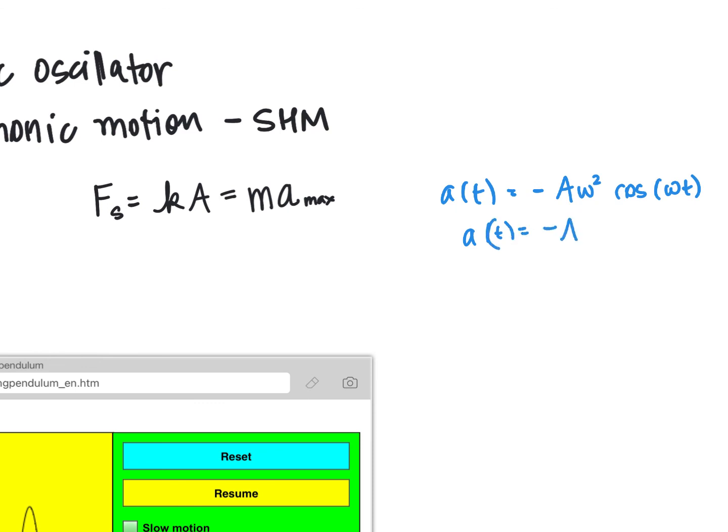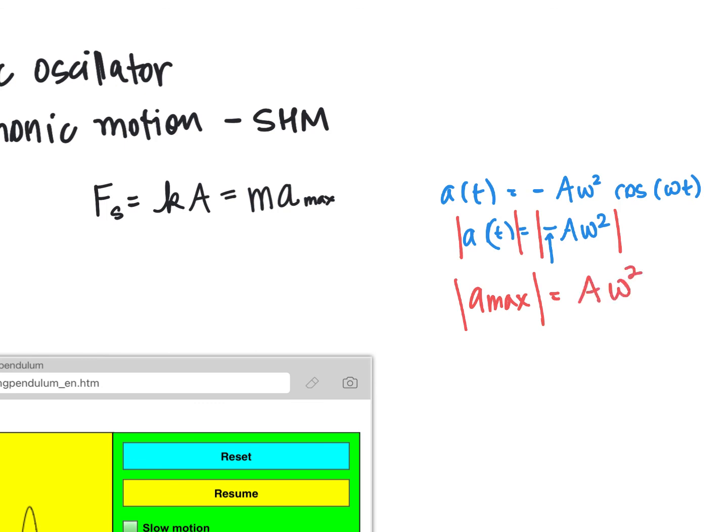And so we get negative A omega squared. Again, that negative sign indicates direction. So if we're just looking for the magnitude of the acceleration, we can take the absolute value. So that means that the magnitude of the maximum acceleration is the amplitude times omega squared.